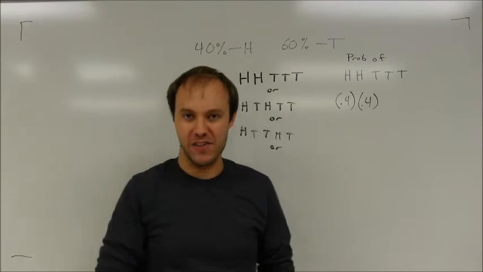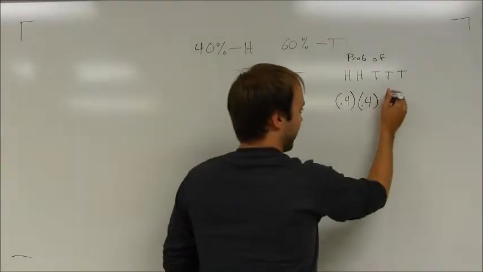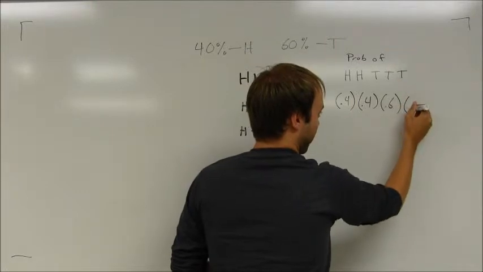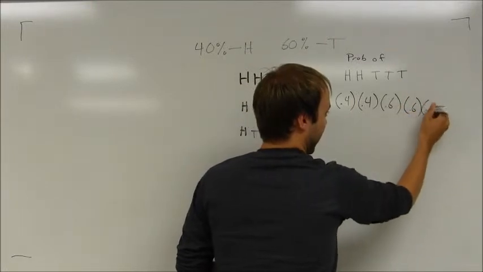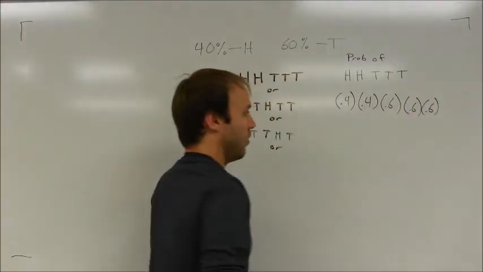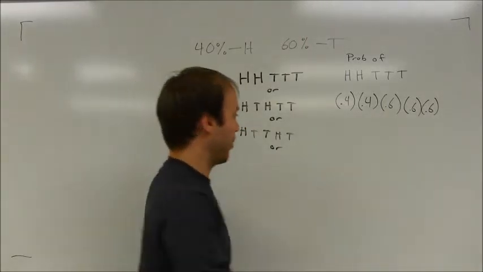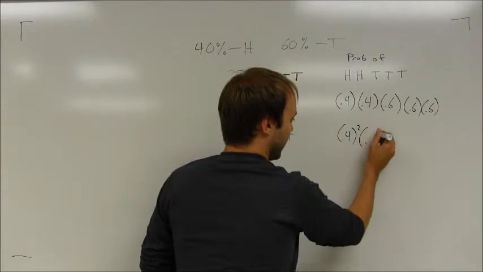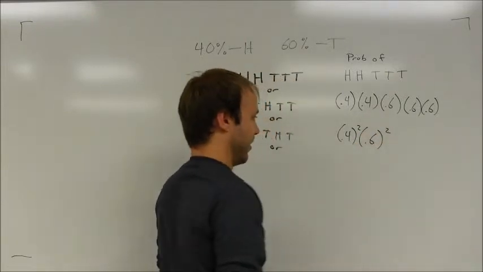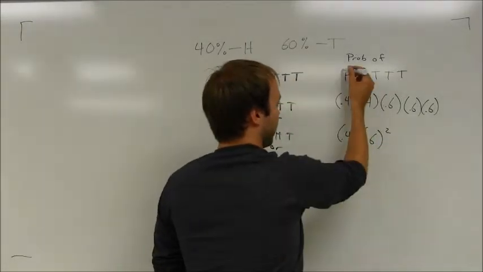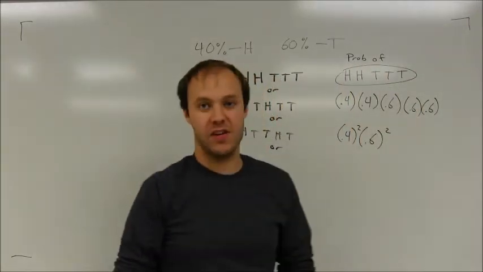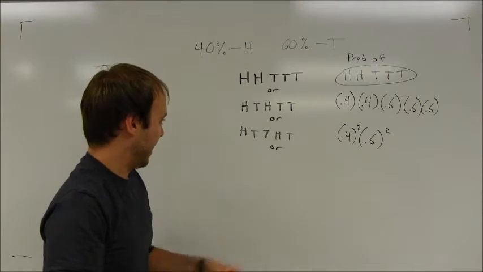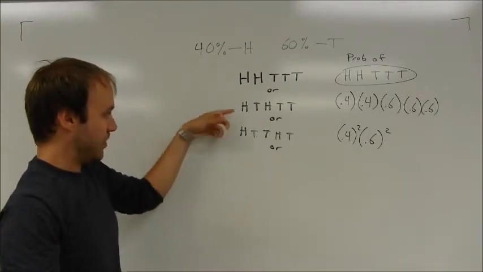So I can take 1 minus 0.4, and that leaves me with a 0.6 probability of tails, and a 0.6 probability of tails again, and a 0.6 at the end. And so what I end up with in simplified form would be 0.4 squared times 0.6 cubed. That's the probability of just having this. Now if you think about it a little bit, the probability of getting any of these other things would still have the same numbers.